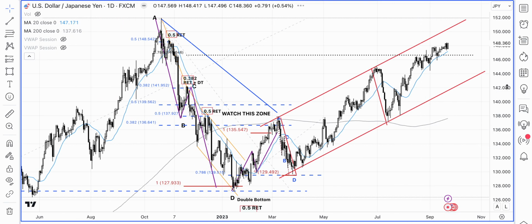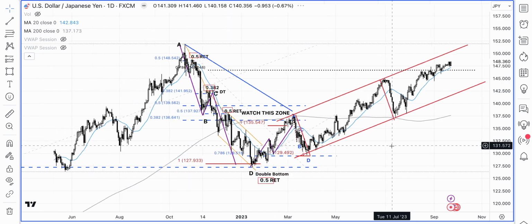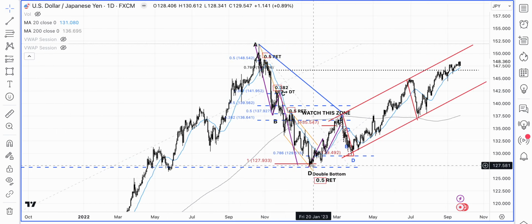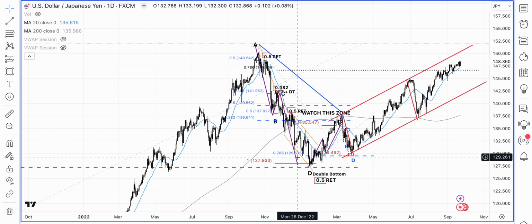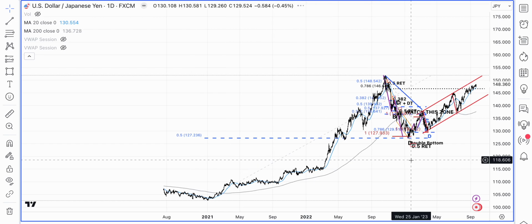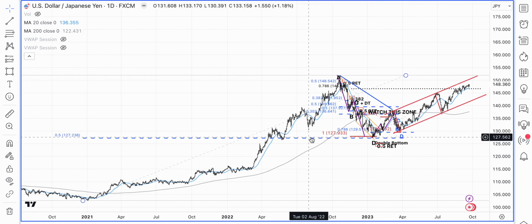If you see some of the old videos which were done on forex, we had actually called this bottom because of the ABCD pattern formation right to this level, which was the 50%.